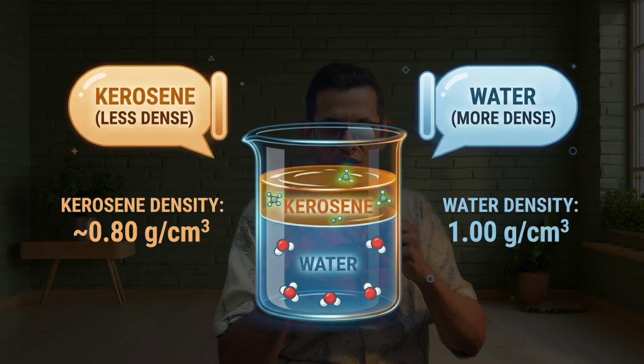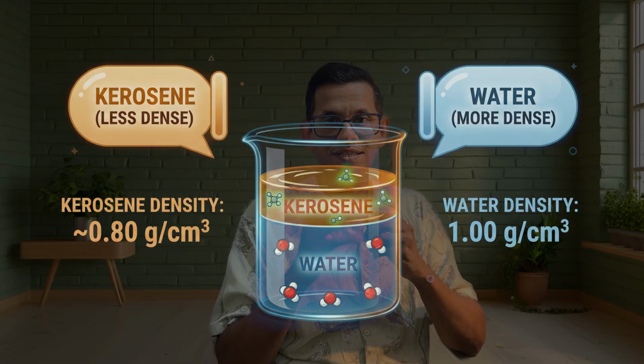Now remember, when I say density here, I'm talking about optical density. Optical density is slightly different from mass density, which you've learned in standard 9. Mass density is mass per unit volume. Let's take an example to understand this. Suppose I pour kerosene in water.